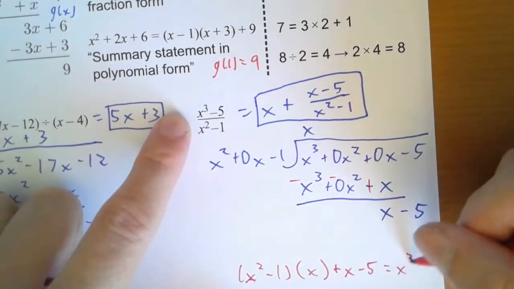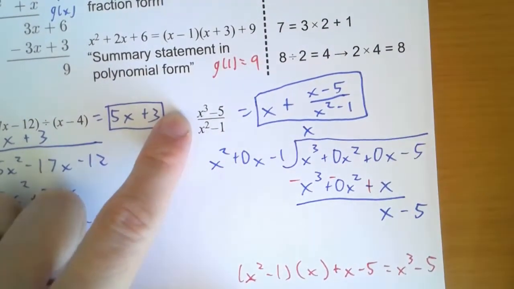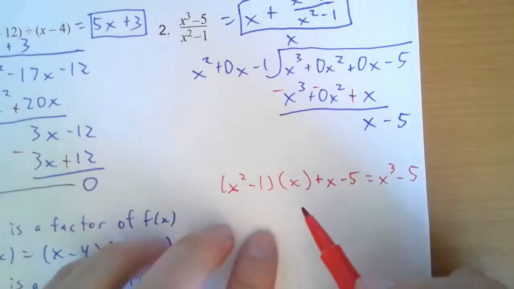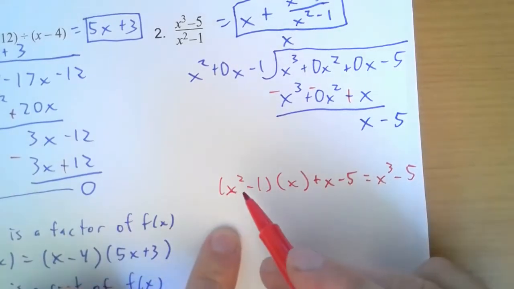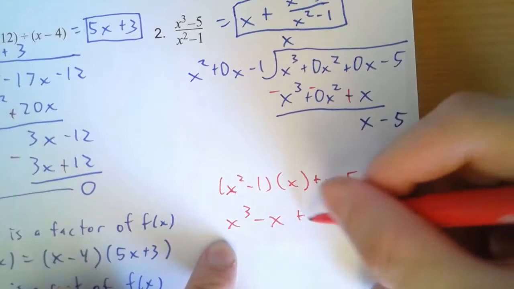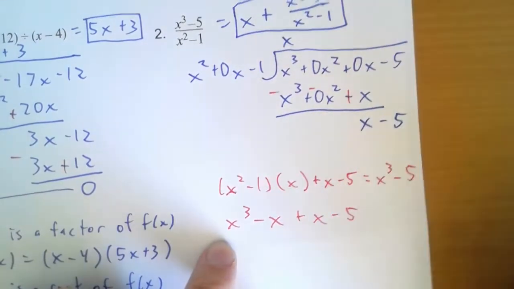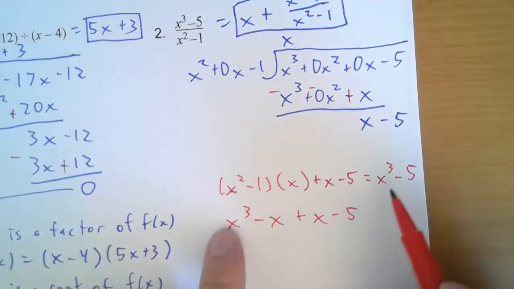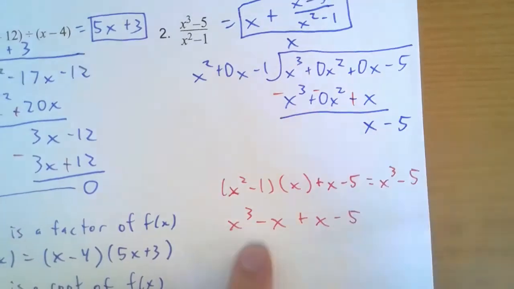It should equal x cubed minus 5. Well, if you're not sure if you did your division right, you can always check it. Let's check and see if this is actually true. So distribute this x here, x cubed minus x, and then plus x minus 5. Well, look at that. Those x's will cancel out, and we'll just get x cubed minus 5. So we know we did it right.